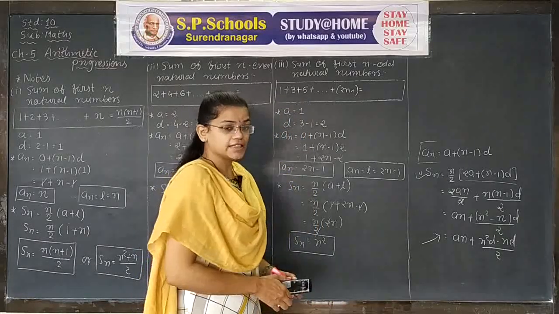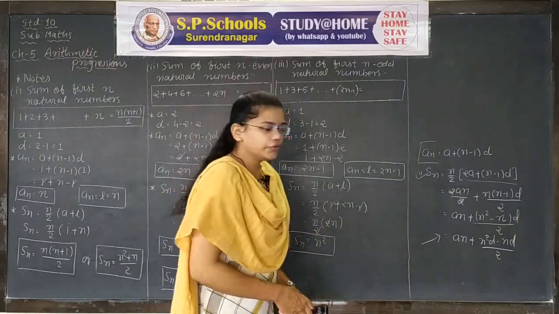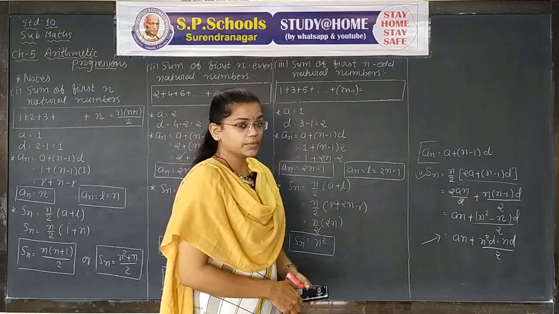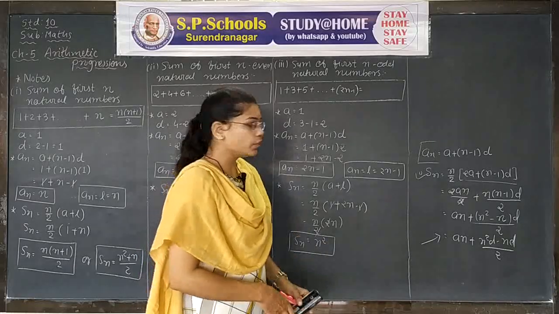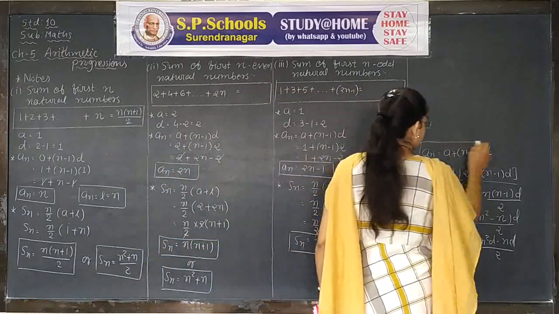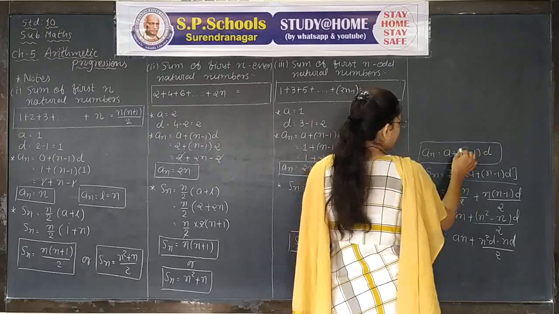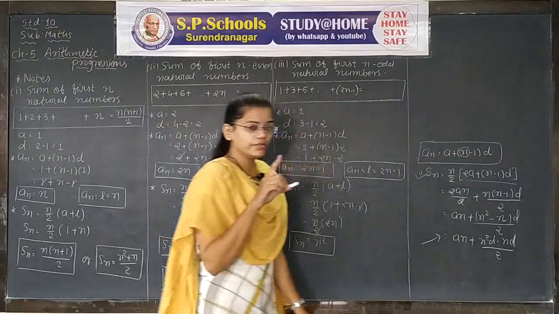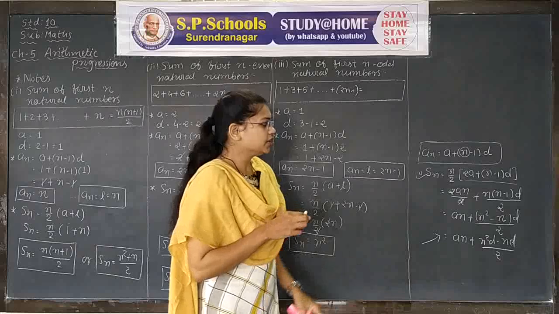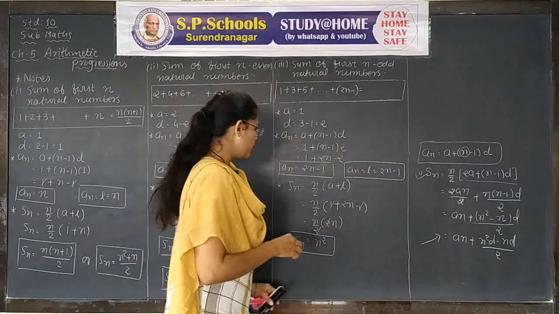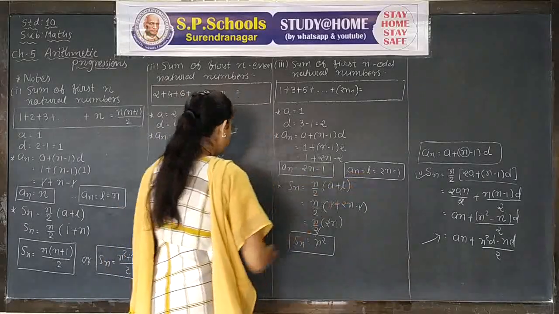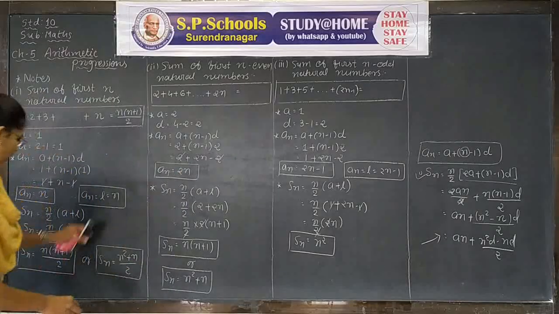Whenever we see Sn in the form of n, the sum of first n natural numbers, it is called a quadratic polynomial. But you are seeing the an here. n comes only one time and the power of n is equal to 1. It is a form of a linear polynomial. As we see here, 2n minus 1, 2n and n.